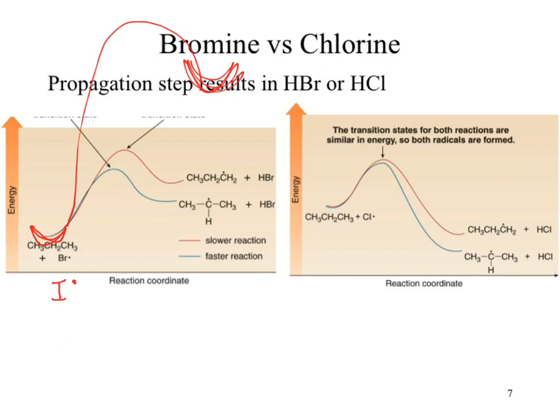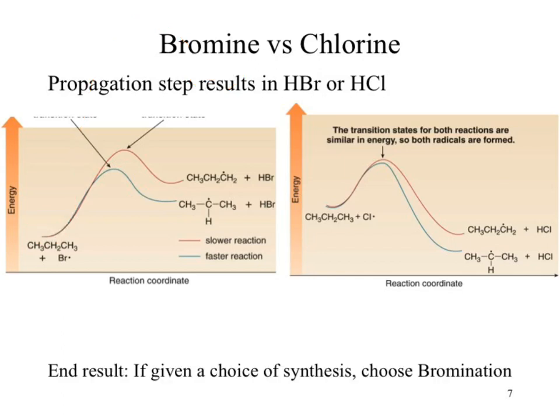The iodine radical is inherently exceptionally stable. The carbon radical, not so much. We're now going in an extremely endothermic reaction. It doesn't mean we can't do it, it just means that's not going to be a very likely reaction to occur. So that's one of the reasons why we don't do iodination reactions. So the end result out of this is that if you have a choice for your synthesis, choose brominations. The brominations work better.